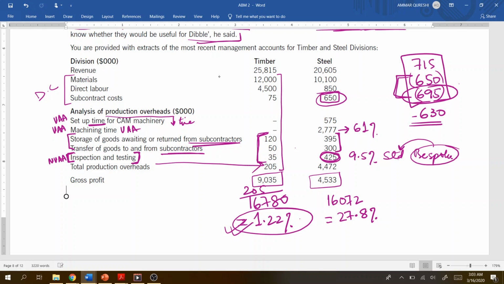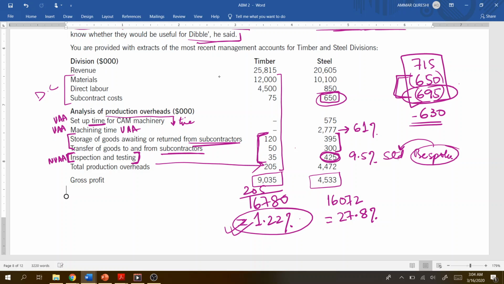Company can also try to identify whether this activity can be performed internally, because this is a permanent activity, not a temporary one. If we can do the same activity in our place, then the transfer of goods to and from subcontractor cost can be minimized.